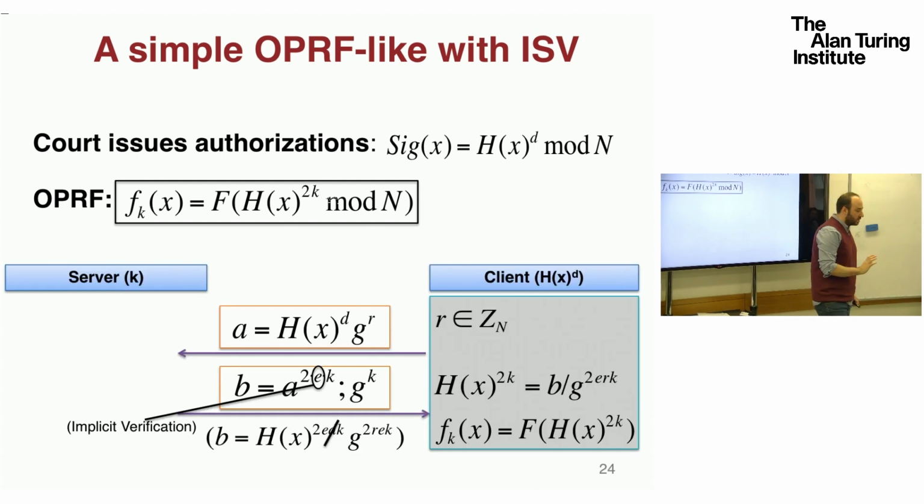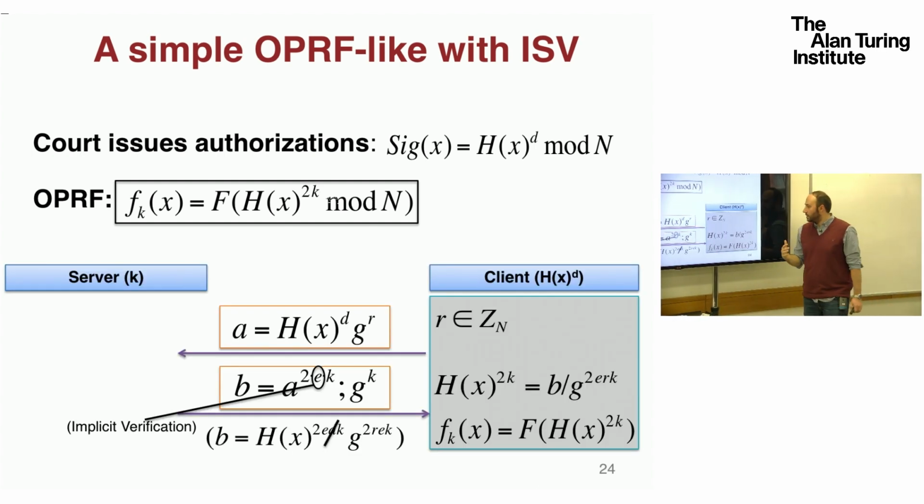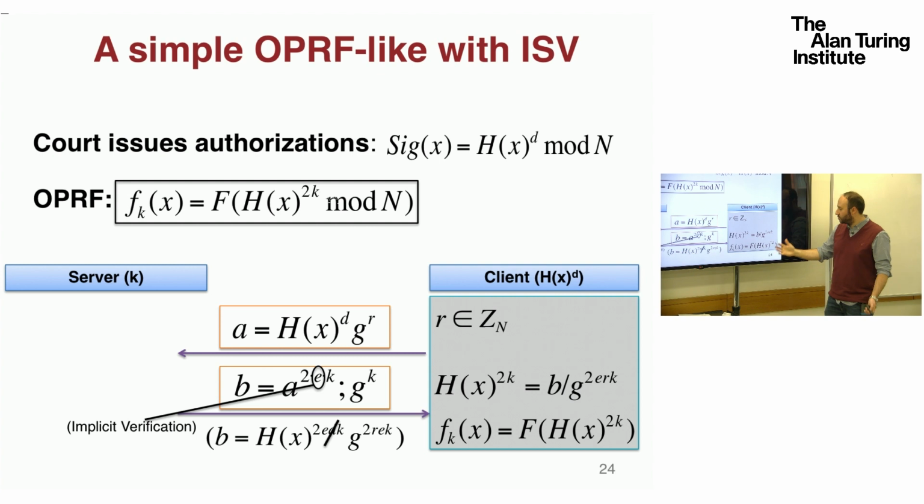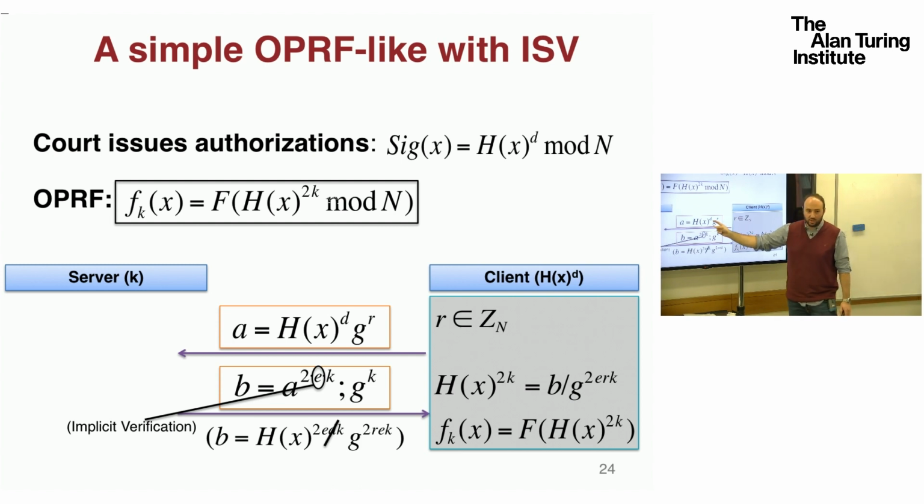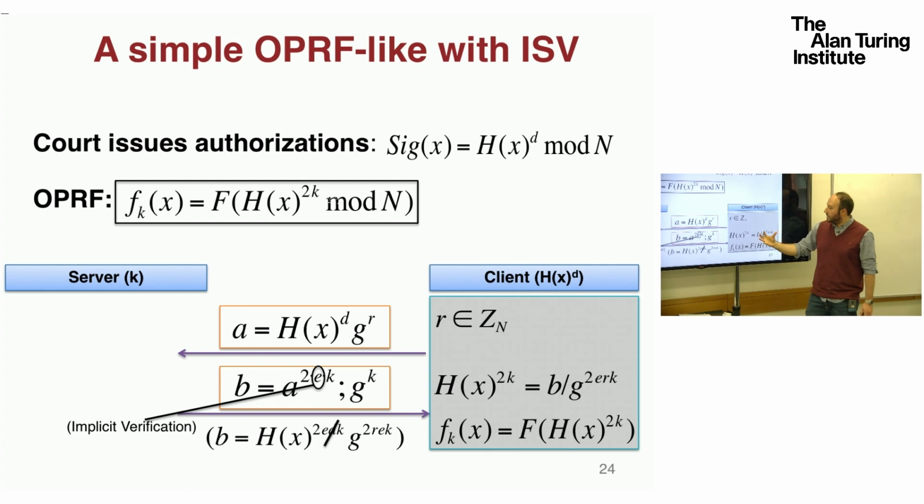The way it works is a bit complicated, so I don't want to spend a lot of time going through this protocol, but I can show you that you input the signature here, so you have this power of d, a valid signature.